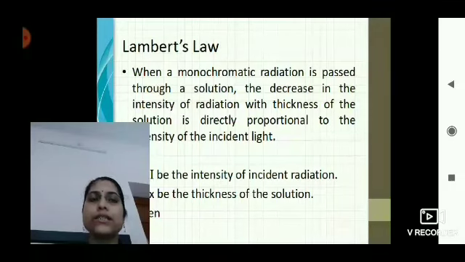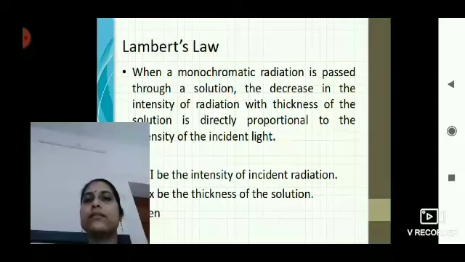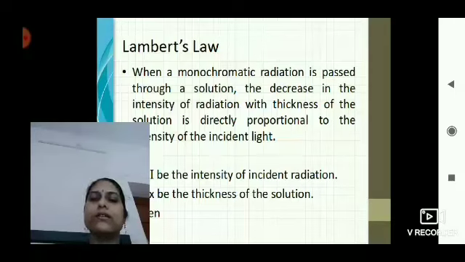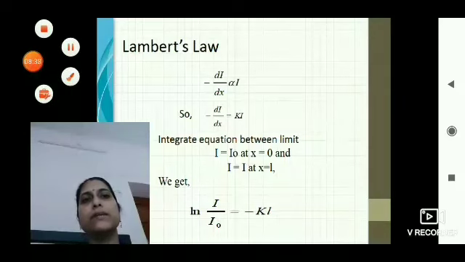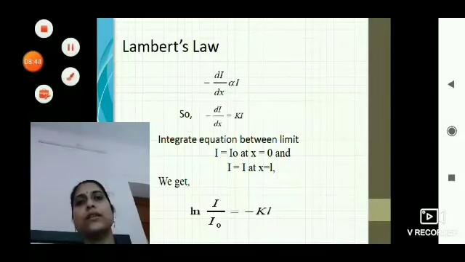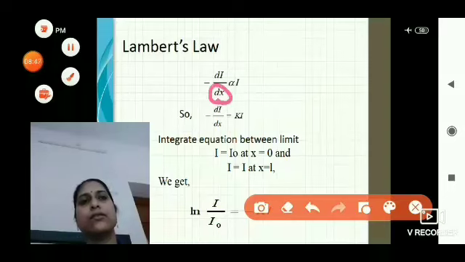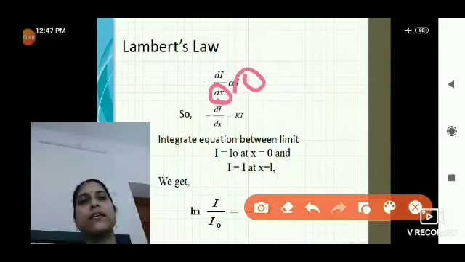passes through a solution, then the intensity of the incident radiation gets reduced. The intensity reduced with respect to a particular thickness of the solution is directly proportional to the intensity of incident light. The mathematical expression is -dI/dx proportional to I, where x is the thickness of the solution and I is the intensity of light.